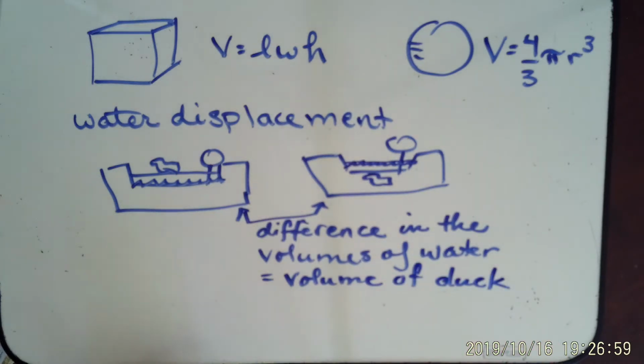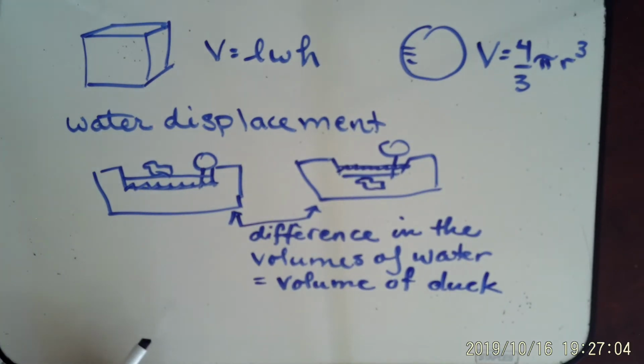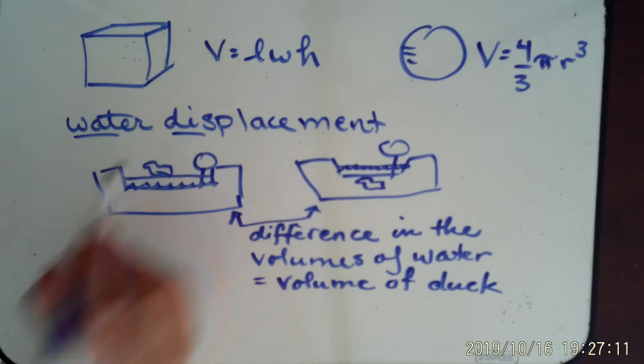So for objects that aren't nice geometric objects but have very unusual shapes, you can get the volume through what we call water displacement.